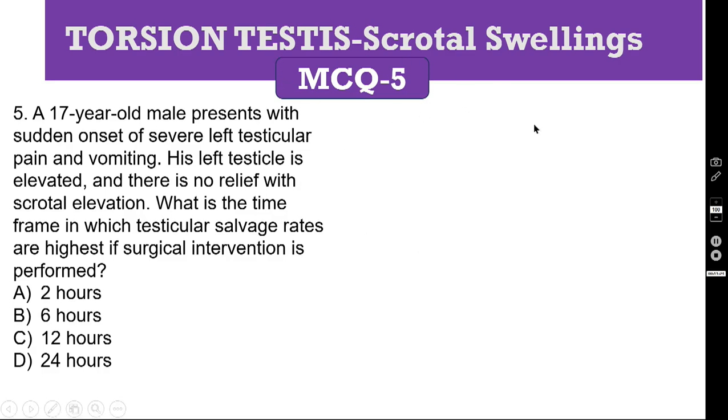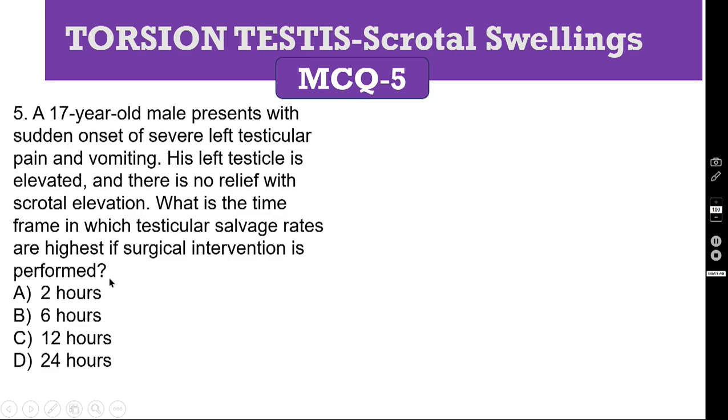So coming to the next MCQ: a 17-year-old male presents with sudden onset of severe left testicular pain and vomiting. His left testicle is elevated and there is no relief with scrotal elevation. What is the time frame in which the testicular salvage rates are highest if surgical intervention is performed?